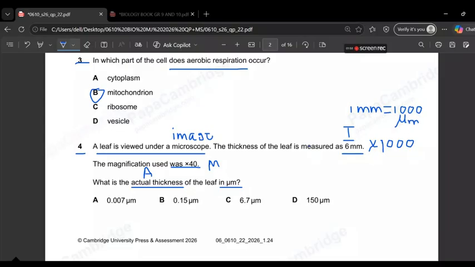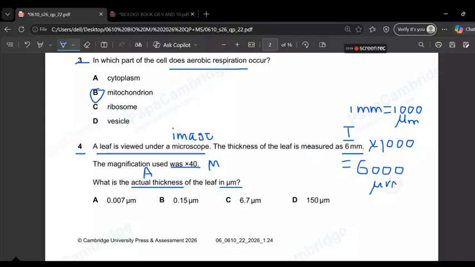So I think it's going to be simple. 6 millimeter multiplied by 1000 will be equal to 6,000 micrometer.